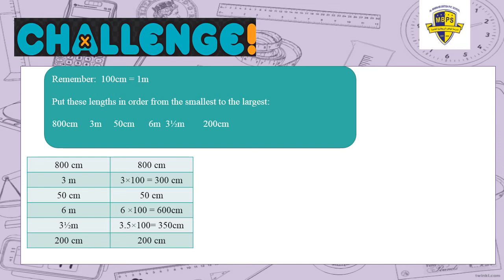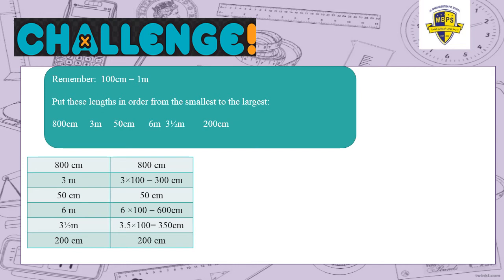Now the third one, 50 centimeters, is already in centimeters, so I will keep it the same. The fourth one, 6 meters, we have to convert to centimeters. Multiply 6 by 100, it's 600 centimeters.